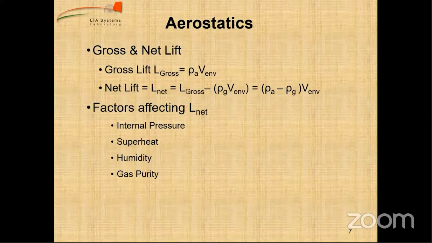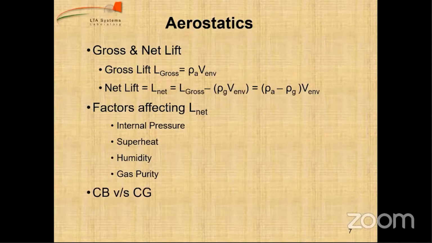Because of the humidity, there will be loss in the net lift, and because of the gas purity, there is also loss in the net lift. Because we don't get the gas 100% pure, we get the loss in the net lift. So these are the four factors which affect the net lift.